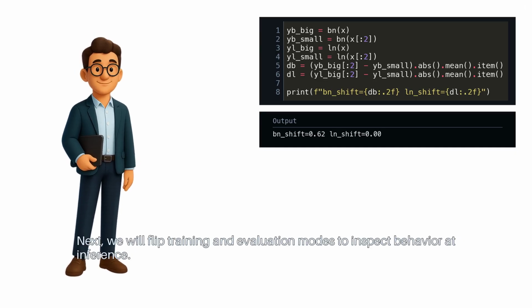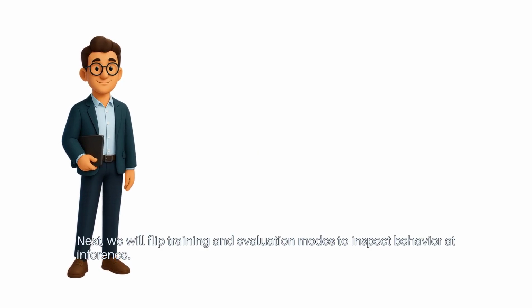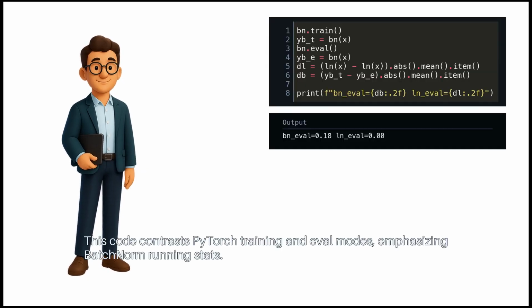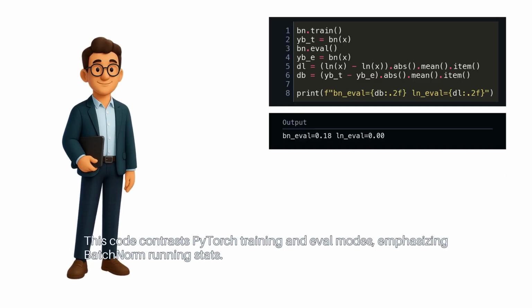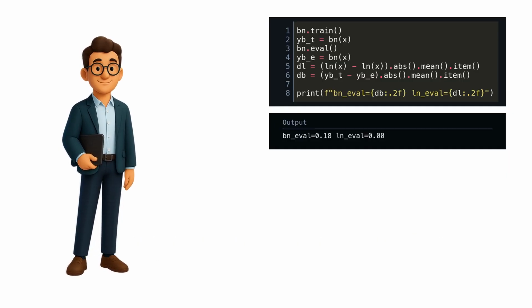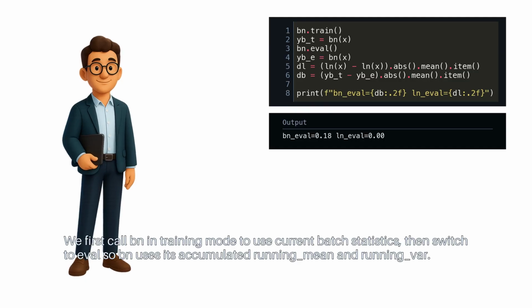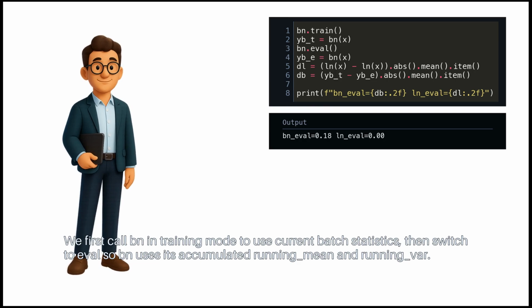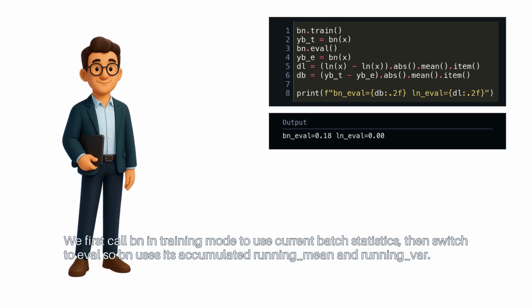Next, we will flip training and evaluation modes to inspect behavior at inference. This code contrasts PyTorch training and eval modes, emphasizing BatchNorm running stats. We first call Bn in training mode to use current batch statistics, then switch to eval so Bn uses its accumulated running mean and running var.